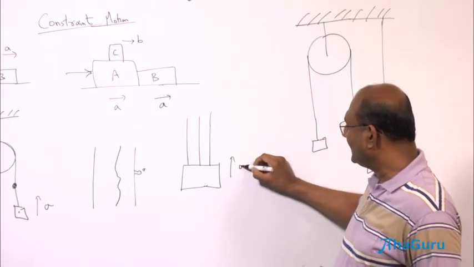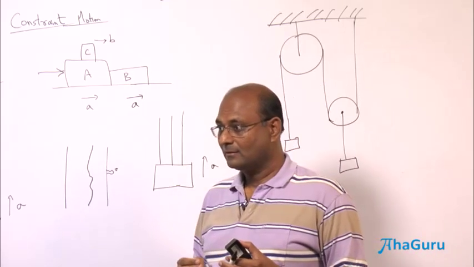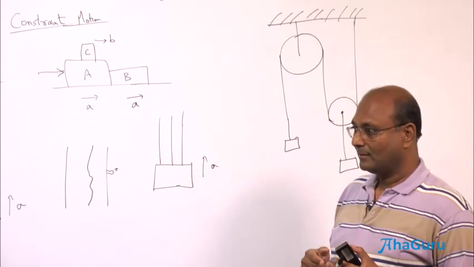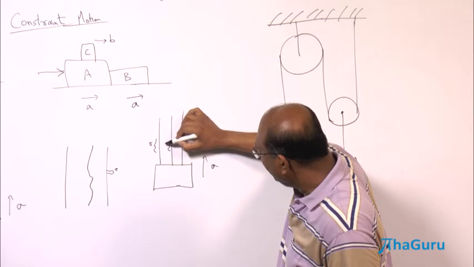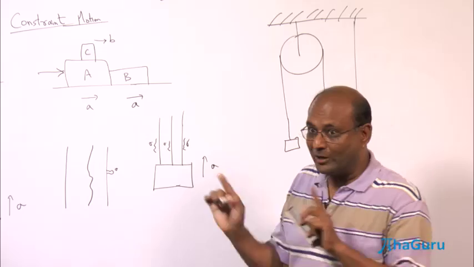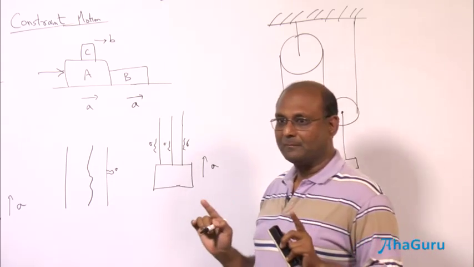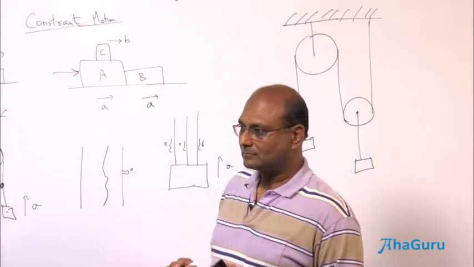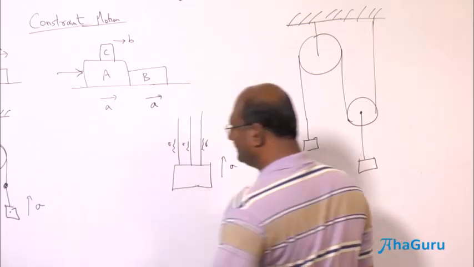Let us say I go up with A. You will have 3A? You will have A? You will have A on this rope, A on that rope, A on that rope. You don't have 3A. You have A.